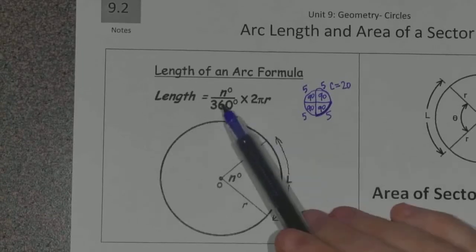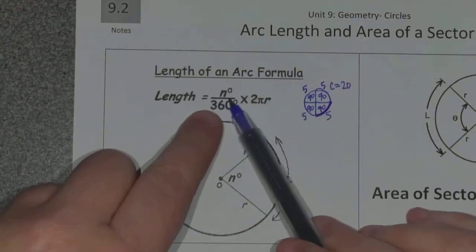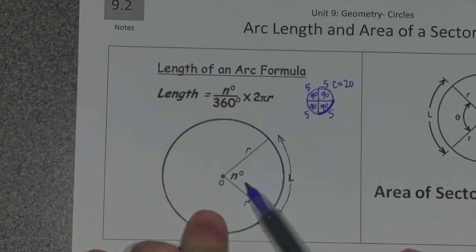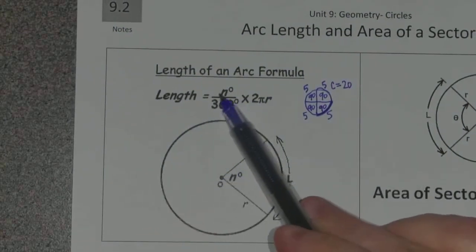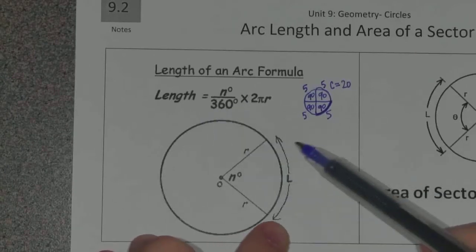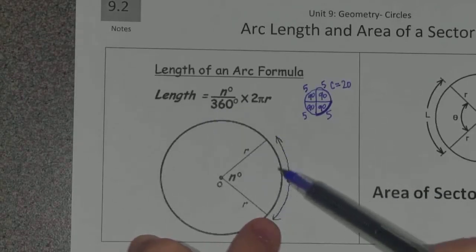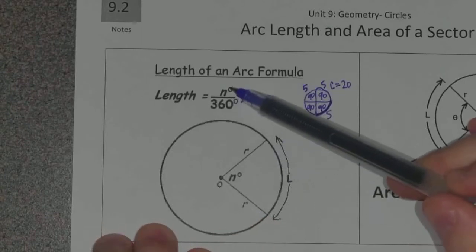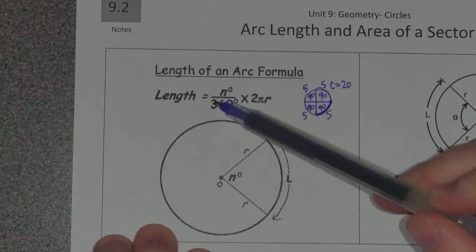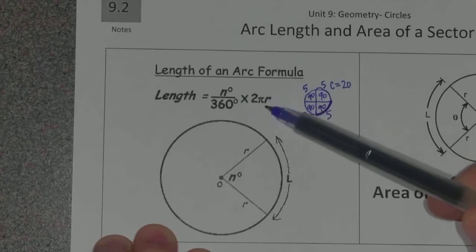The reason why on the arc length we need this angle right here is because if we know how many degrees it is out of the total circle, it will find that piece of the circumference for us. So we do the angle measure over 360 and we times it by 2 pi r.